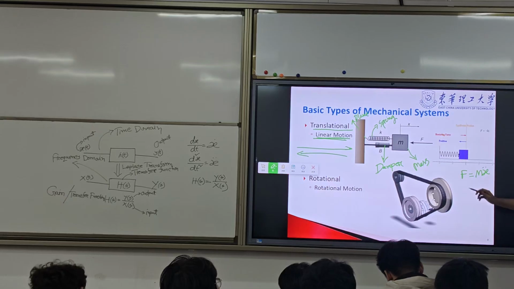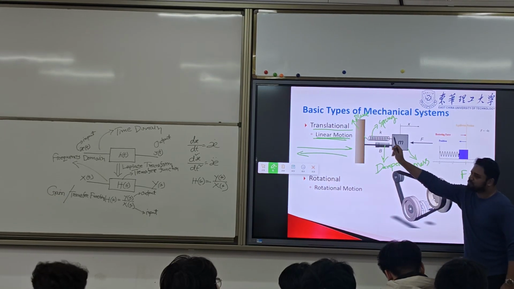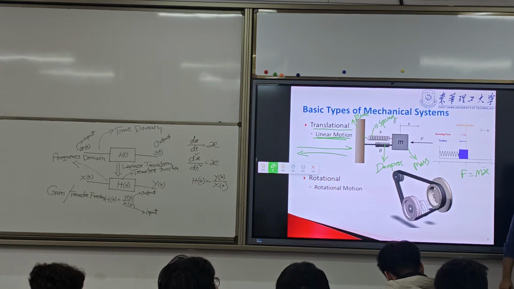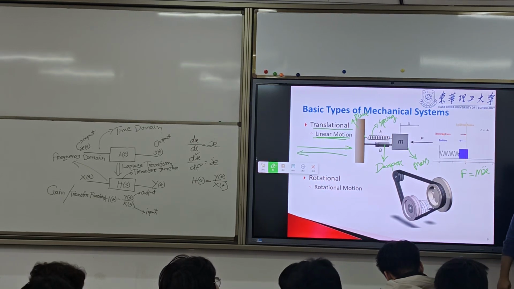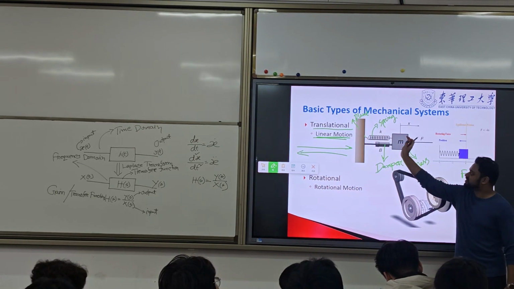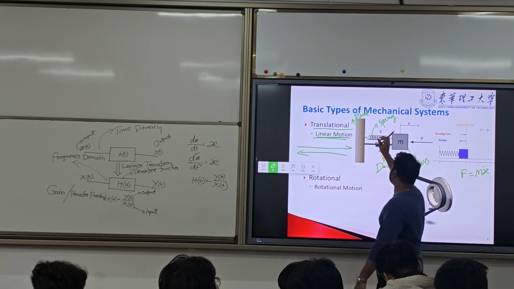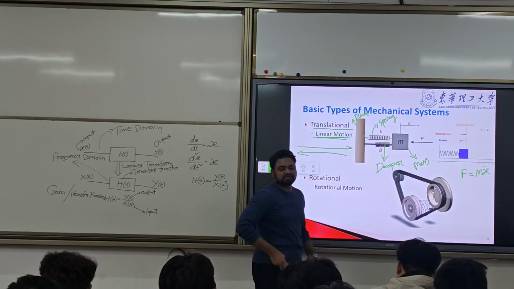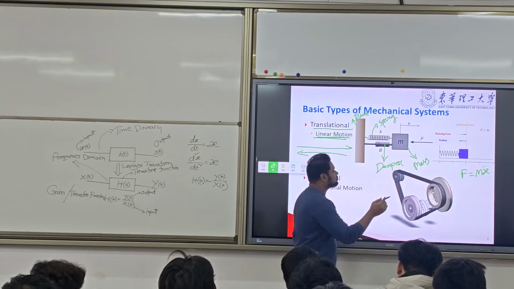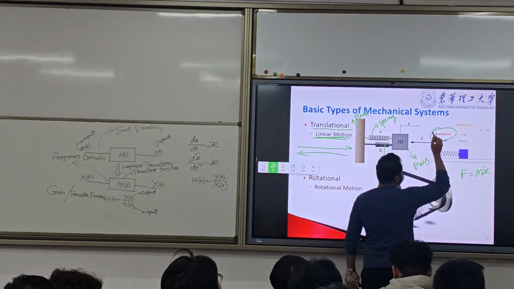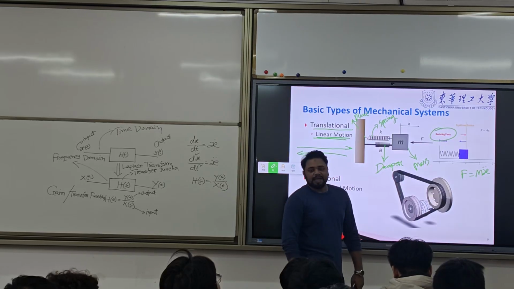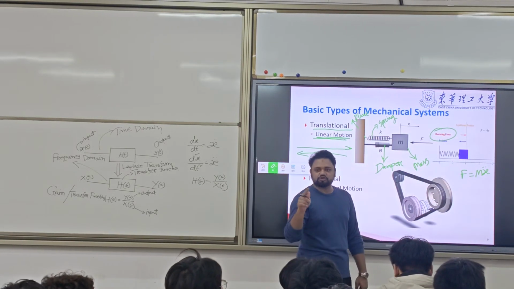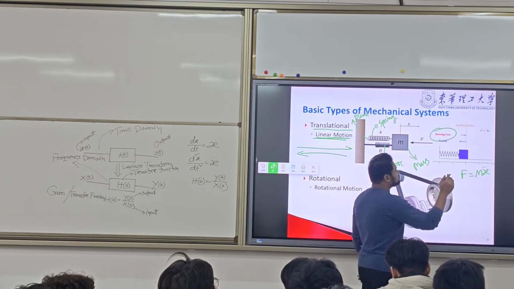But there is a spring here now, and what will it do? It will provide some restoring force, because the spring will take it back. If you apply a force, it goes, and the spring will take it back. This is called restoring force. And this restoring force is directly proportional to its displacement.